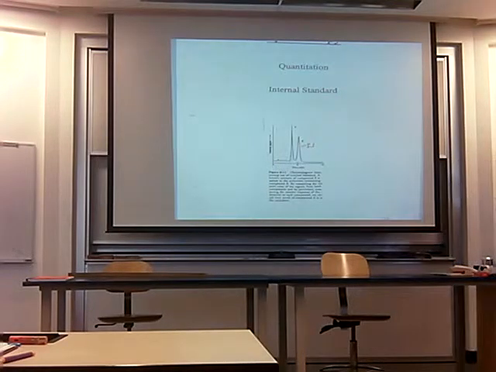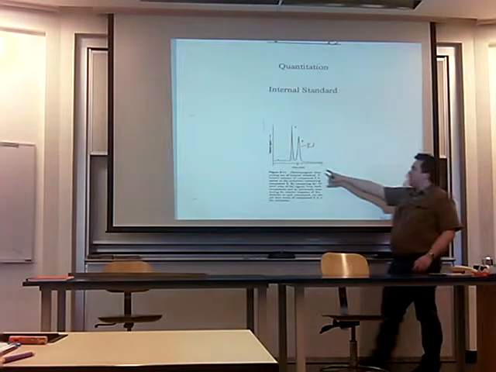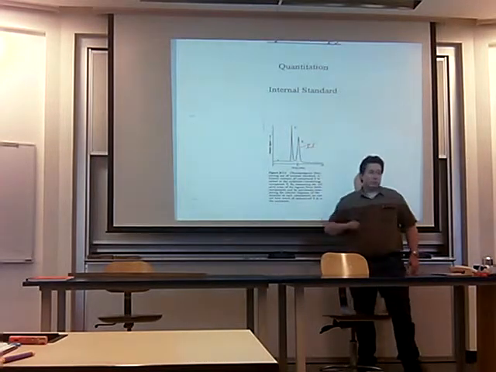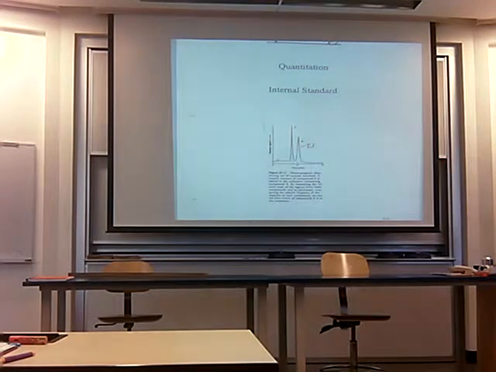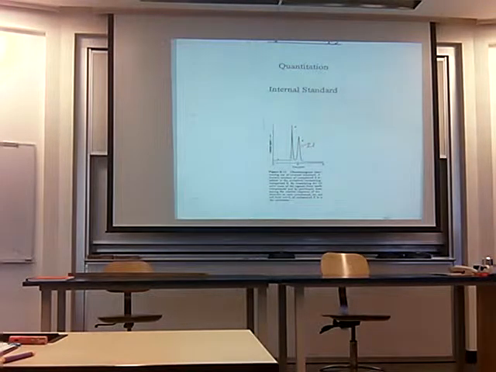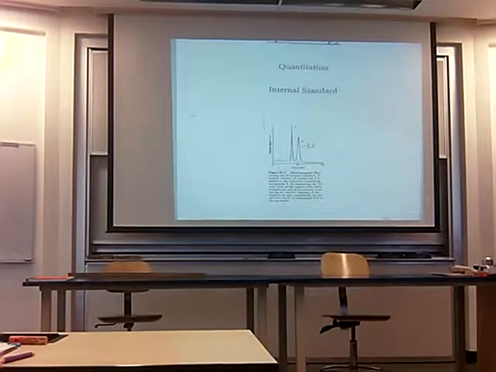By adding this internal standard that you know how much you've added, and by making the internal standard as similar to the molecule that you're actually interested in, the assumption is made that you're going to have similar losses to the internal standard as you do to your analyte.